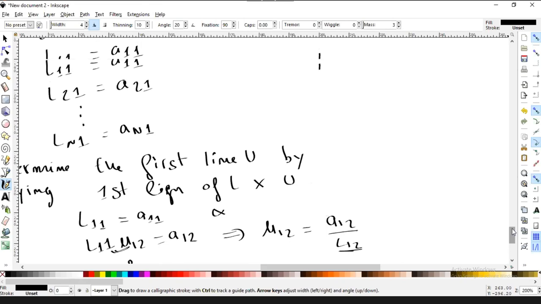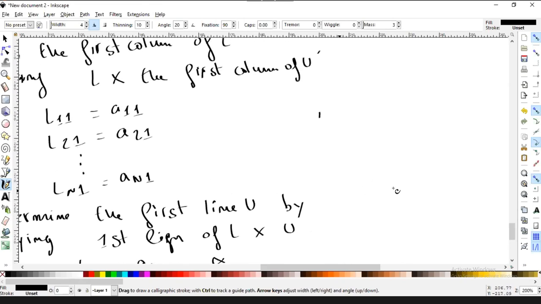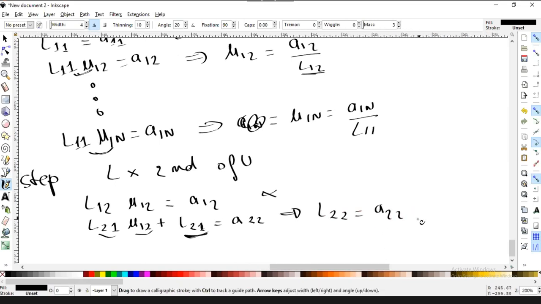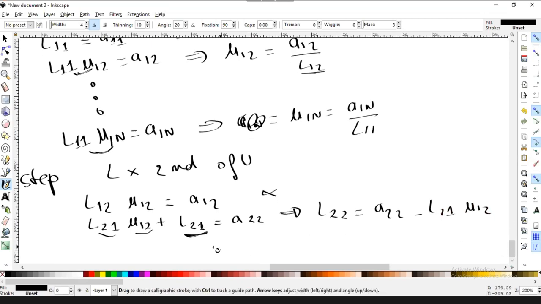So we determine here the L21 till N1. The unknown is the L22 here. So the L22 is equal to A22 minus L21 U12, and you continue here.